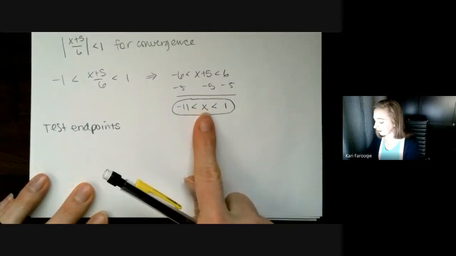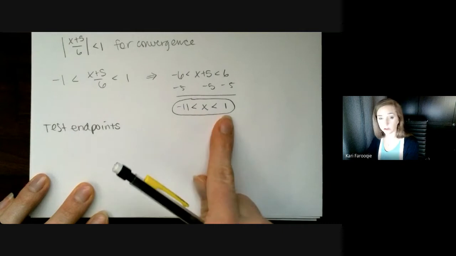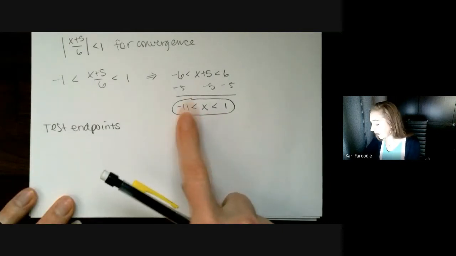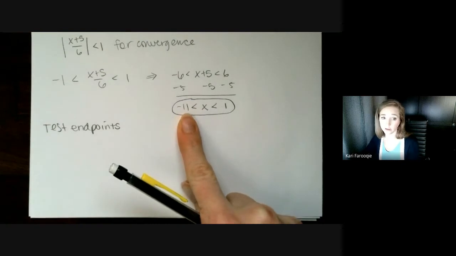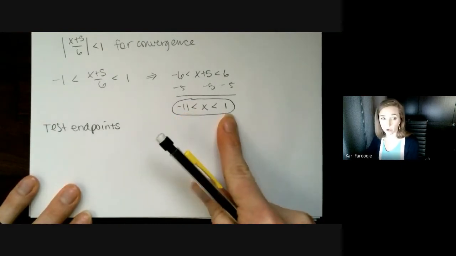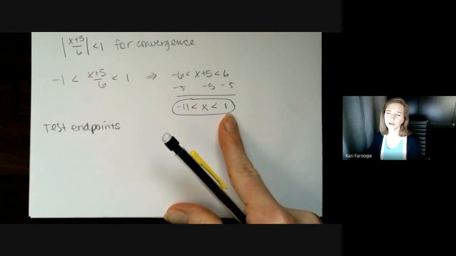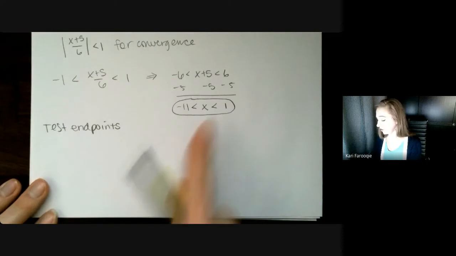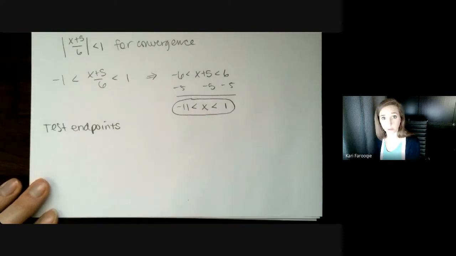If we know that x can be between -11 and 1 for convergence, we're trying to figure out, well, what actually happens at -11? What actually happens at 1? And we're going to try to increase our convergence a little bit by seeing if we can get convergence at the endpoint instead of just strictly between the endpoints.